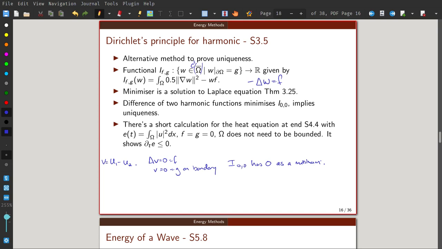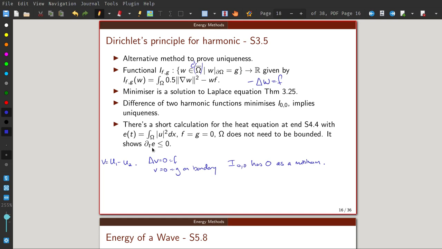Yes, and there it discusses slightly different conditions. Instead of assuming omega to be a bounded domain, it makes the assumption that U should be square integrable, so it should be an L2 function. And then it does a calculation to show that this is always a decreasing function in time.